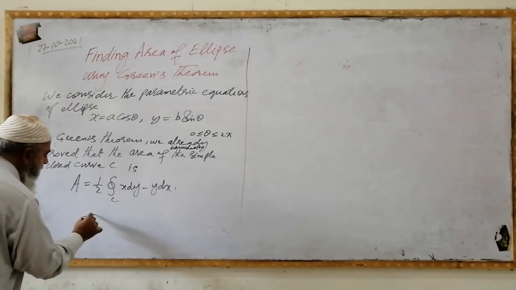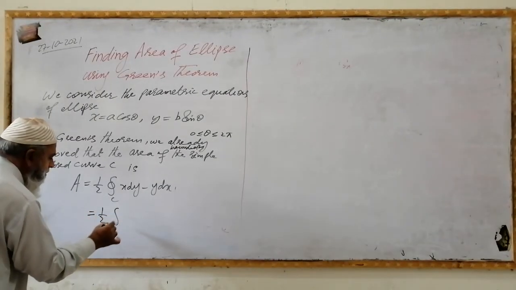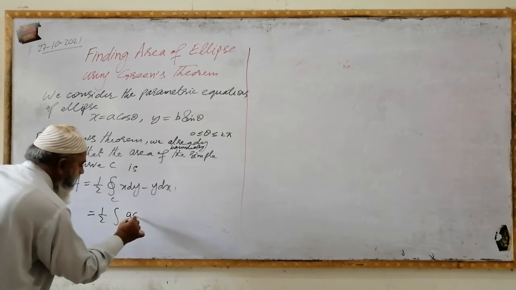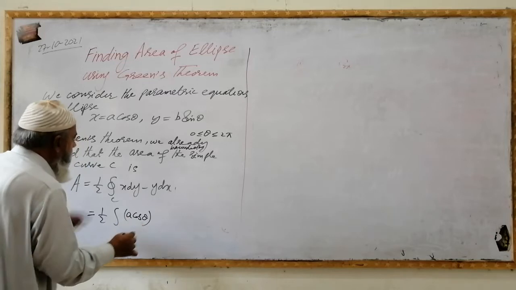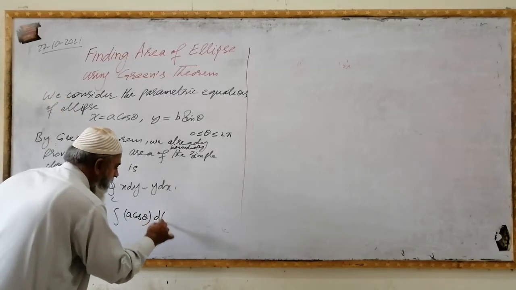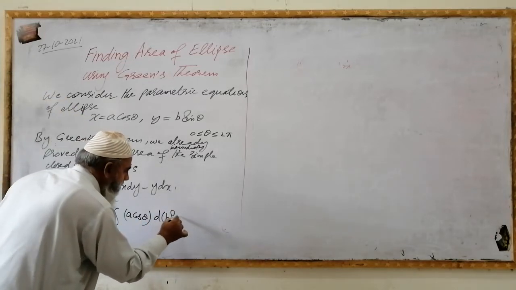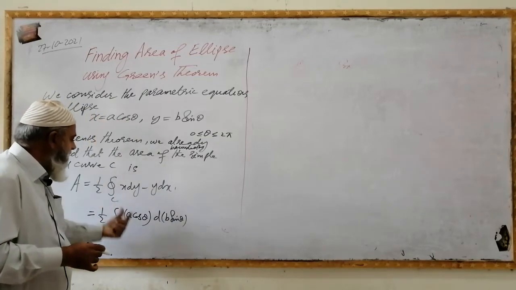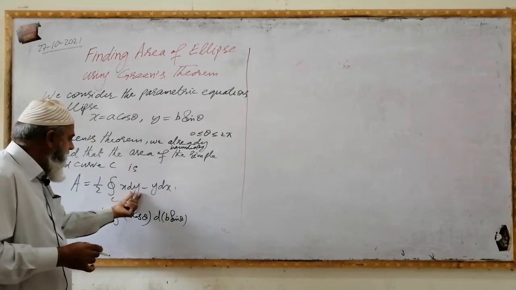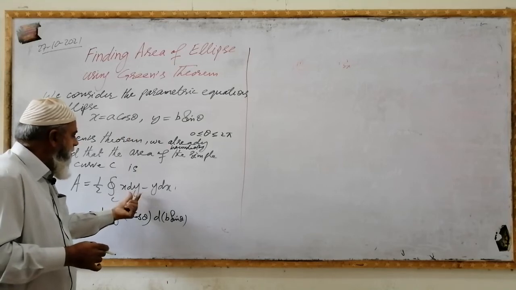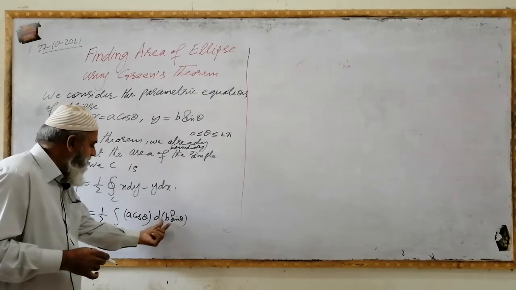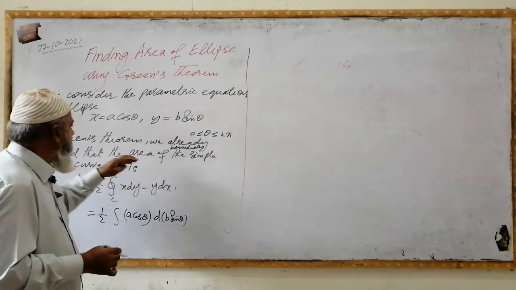And what can we do here? We will apply 1 by 2, and value of x is a cos theta dy, d of b sin theta. This is the differential of y. Writing the value of x as it is, and here we have to put dy, which will be obtained by writing d of b sin theta.